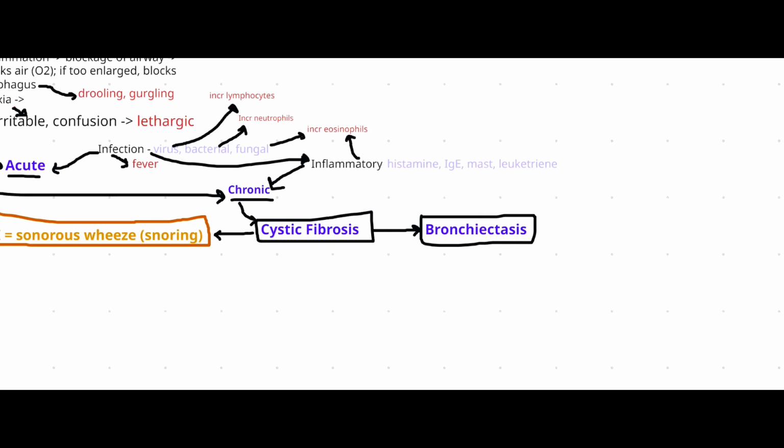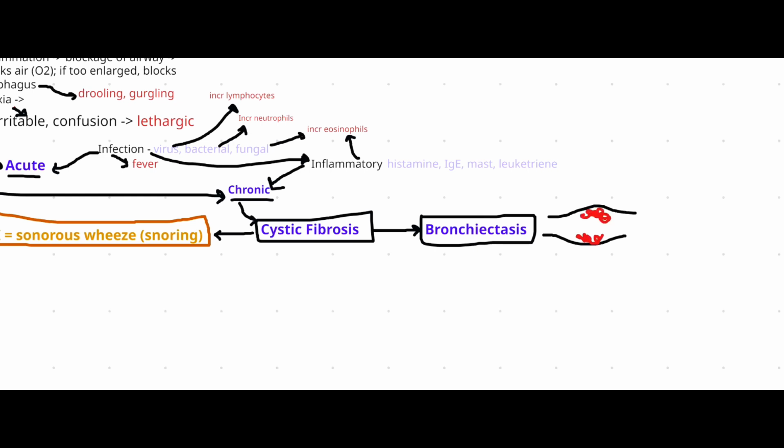So then it kind of looks like that. The bronchi becomes more floppy. And when it becomes floppy like that, what's left inside? A lot of secretions, right? So the secretions now can't get out.